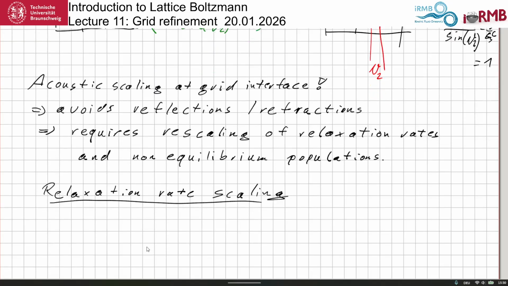So what would you actually need to do? We have nu is theta, now this is again this theta that is 1/3, times 1/omega minus 1/2, times delta x squared by delta t.